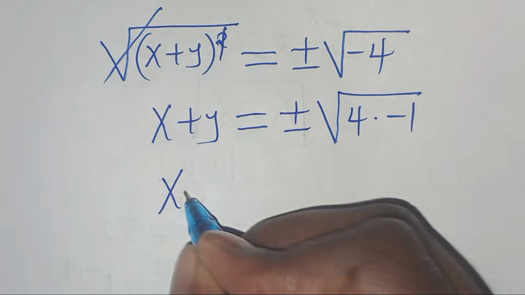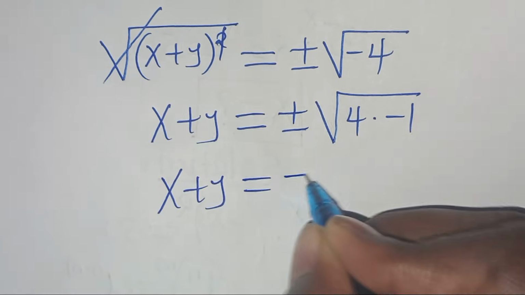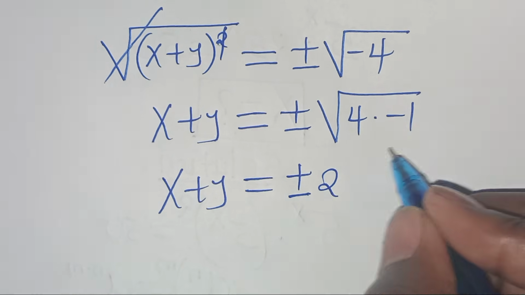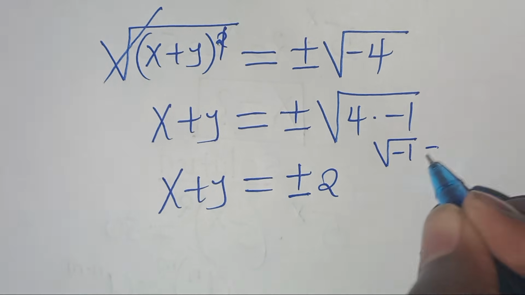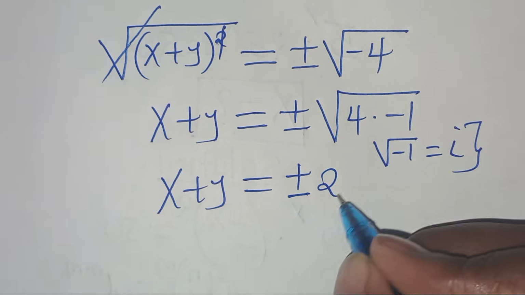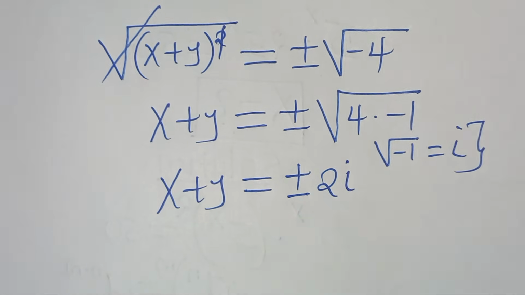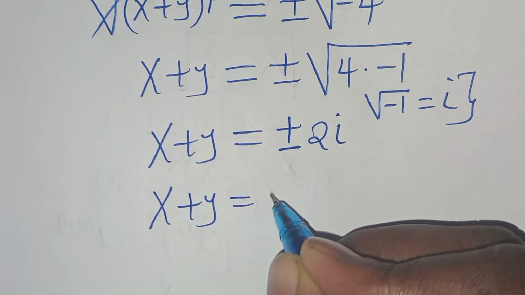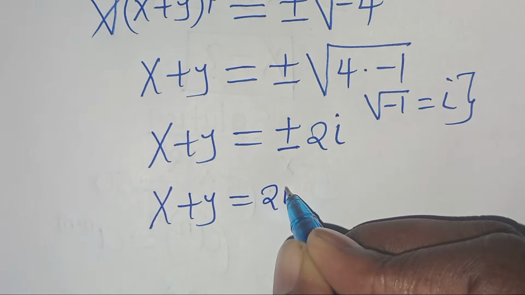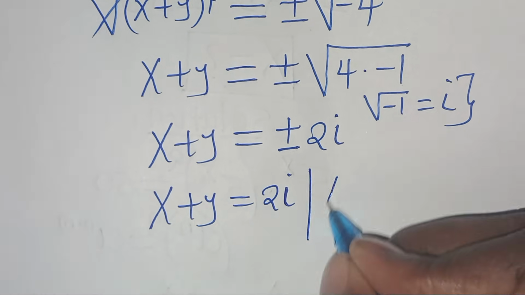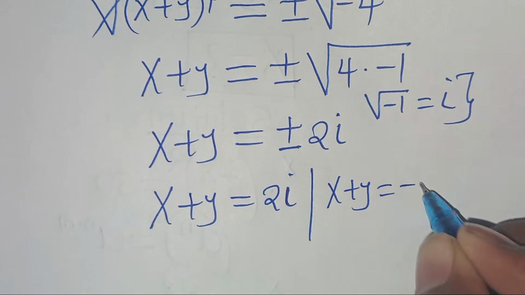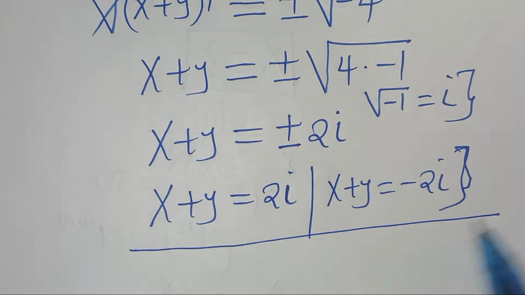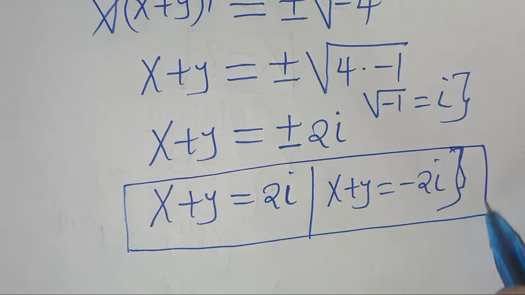And this implies that x plus y is equal to plus or minus the square root of 4, which is 2, times the square root of minus 1, which is i. So this is plus or minus 2i. So in case 2, x plus y is equal to 2i, and then x plus y is equal to negative 2i. So these are the solutions to this algebra problem.